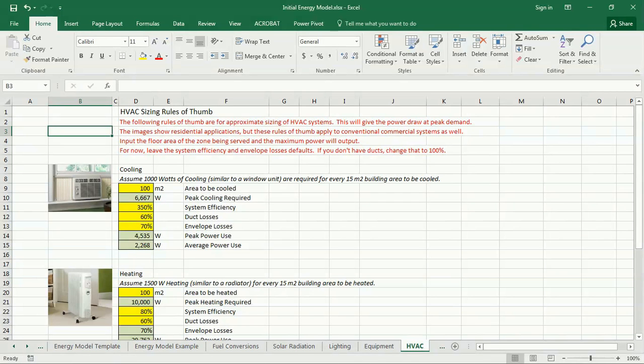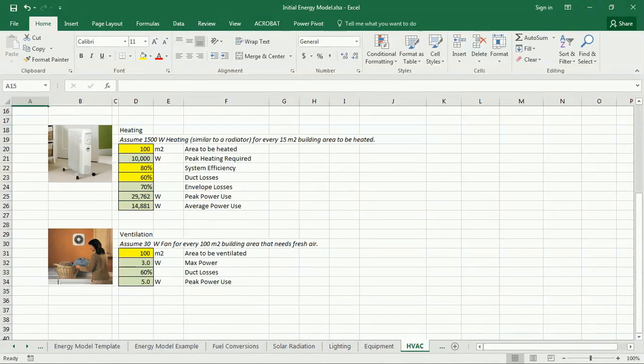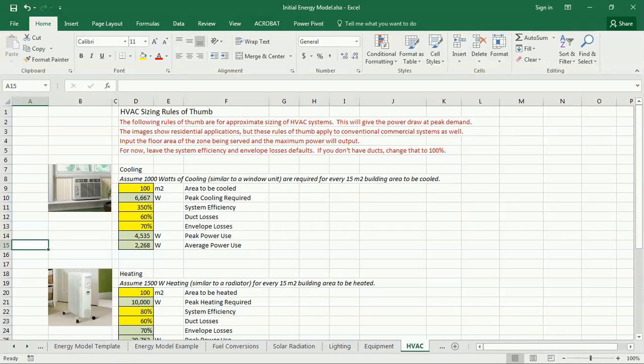So for now, these rules of thumb are approximate, and they give you a sense of the power draw at peak demand, and then I've also added some average power use as well. These images on the left, you can see the cooling, heating, and ventilation, are meant to give you a sense of the order of magnitude of these systems.